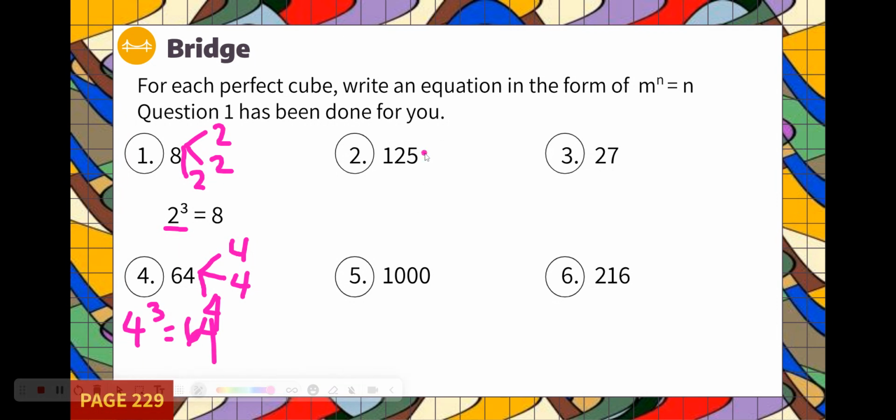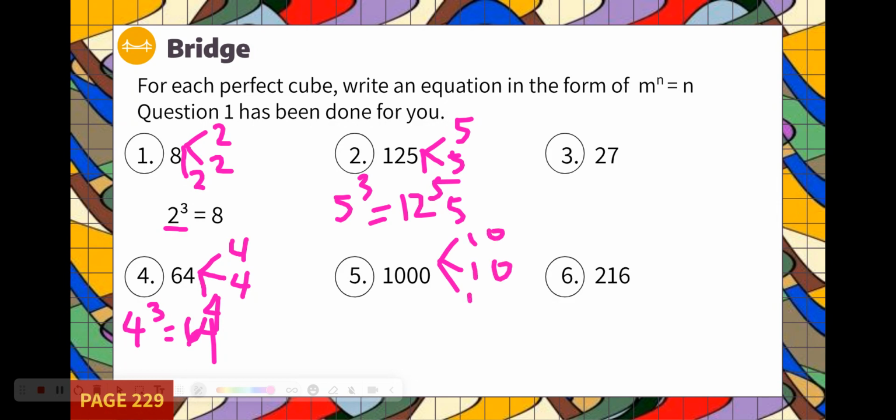Next, 125. I would say 5, because 5 times 5 is 25, times 5 is 125. So you got 5 raised to 3 equals 125. Alright, next 1000. 10 times 10 times 10, 10 cubed is equal to 1000.